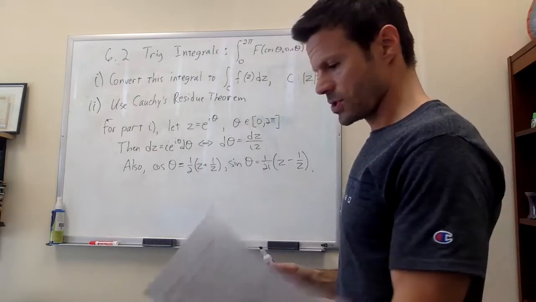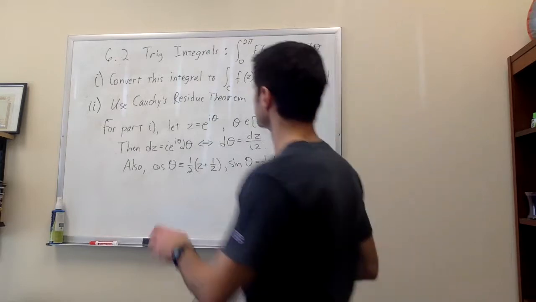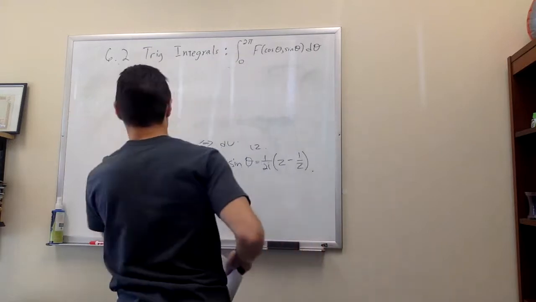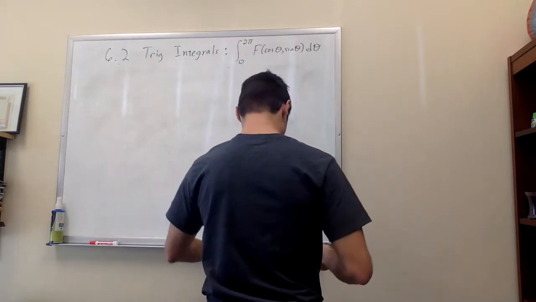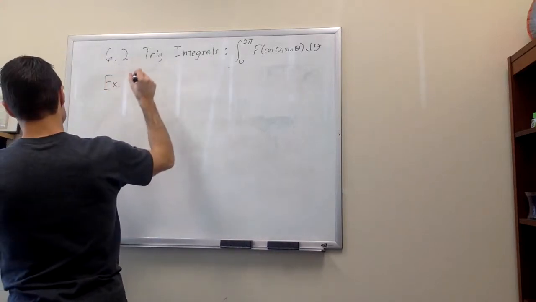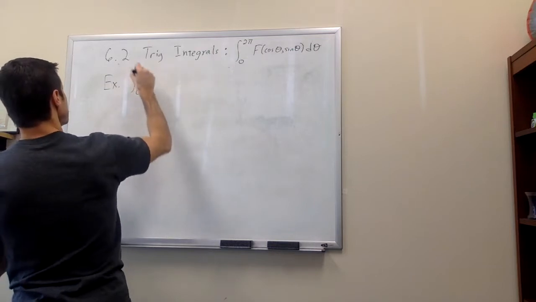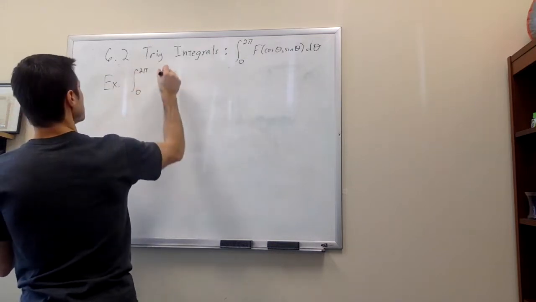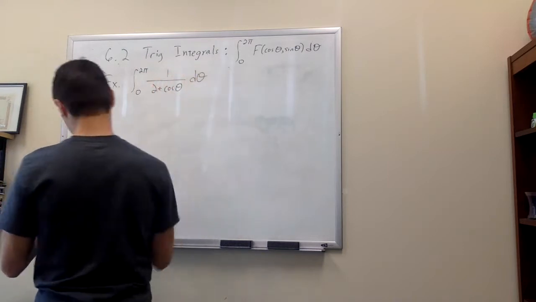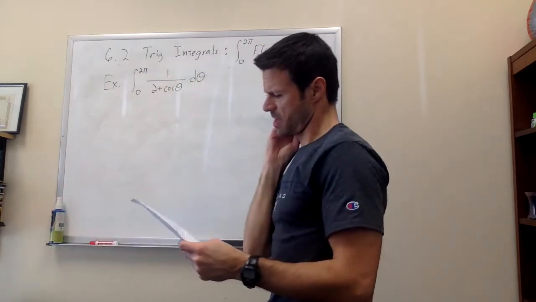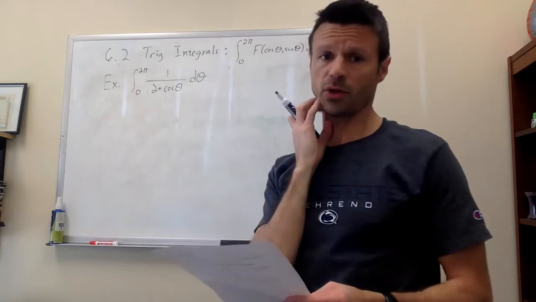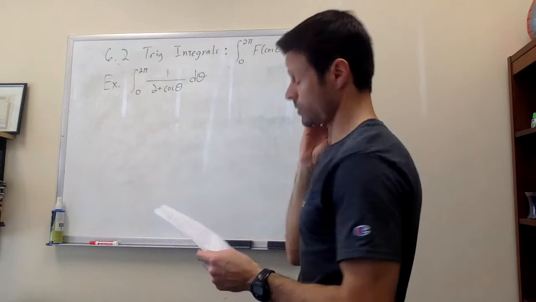Let's take a look at an example. We are going to integrate from 0 to 2 pi 1 over 2 plus cosine theta d theta. If you think back to your Calc 2 days, there's no technique that you learned back then that would allow you to do this integral.